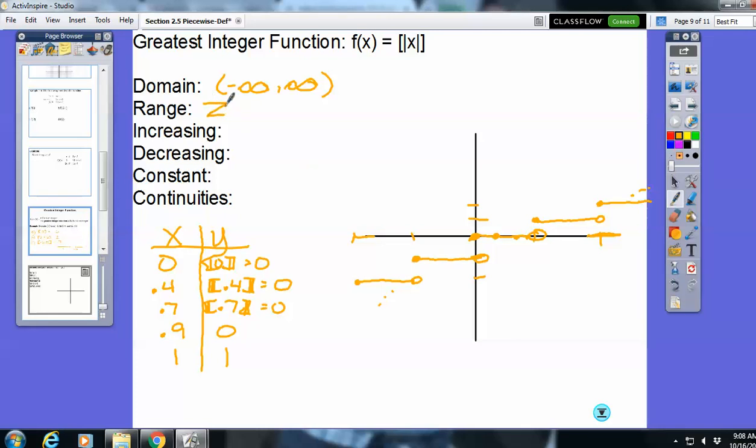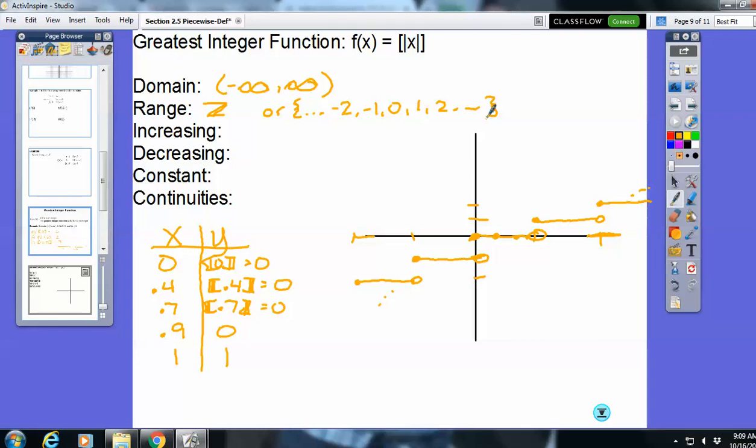So you could write integers, you could do the integer symbol, the double barred Z, whatever you prefer. You could even just list some. So say dot dot dot, -2, -1, 0, 1, 2, dot dot dot. The dot dot dots just show me it keeps going in both directions, so whatever you're most comfortable with.